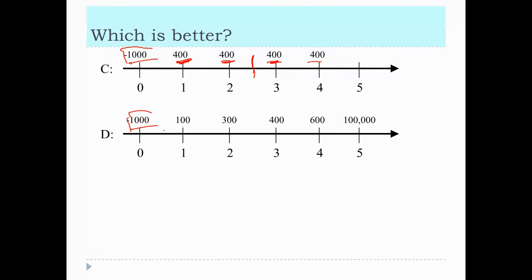Project D has a different set of cash flows. 100 and 300 is 400. 400 more is 800. Project D does not pay back its investment after 3 years, but clearly it does after 4. So the payback period, again, somewhere in between years 3 and 4.